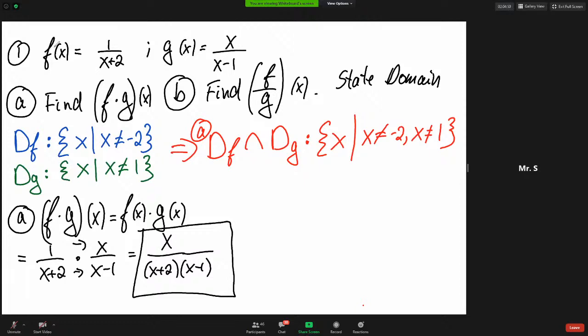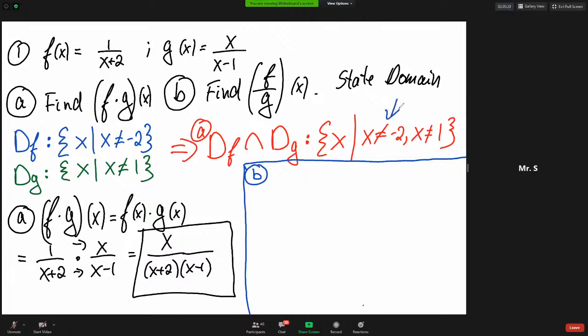Now for part B, and this can get a little messy. Let me think how I can fit it all in here. So for part B, let's do our domain first. I'll try to maybe color code it and fit it here on the bottom. So for part B, my domain is going to be this end sum, right?